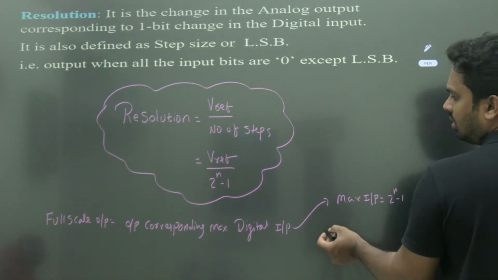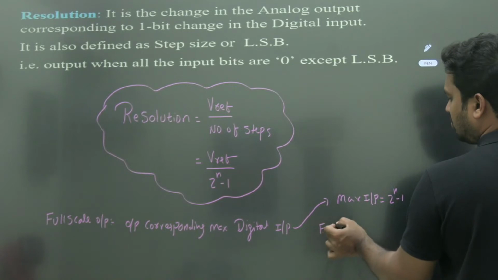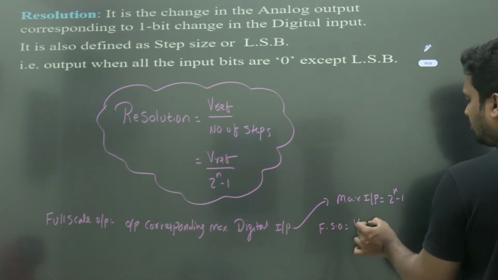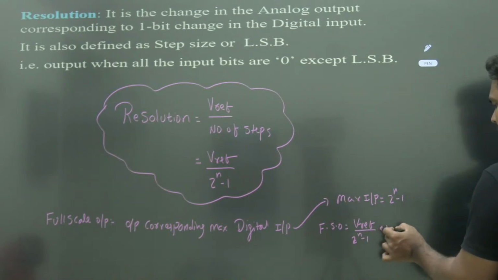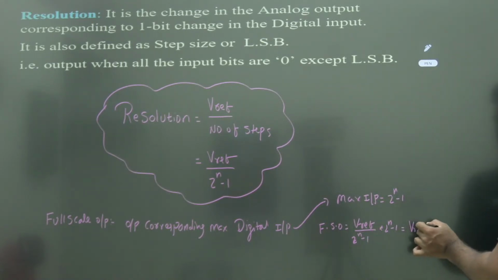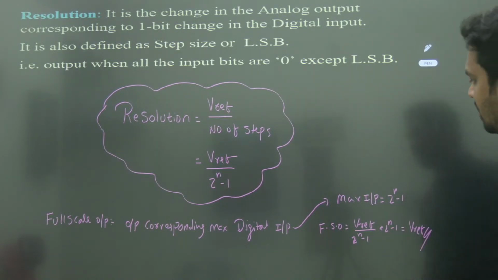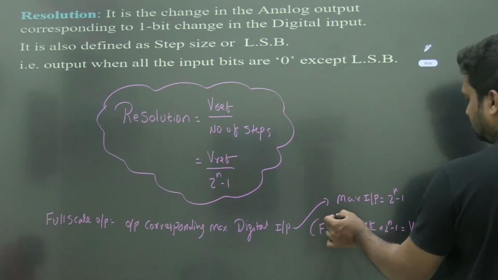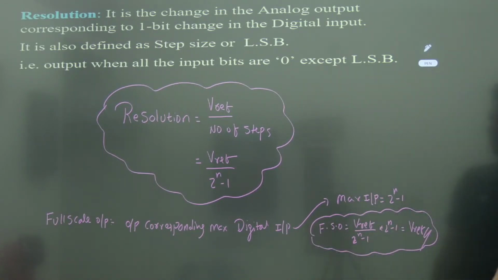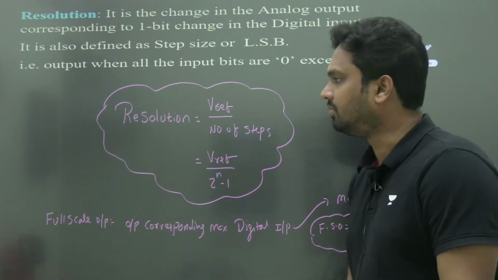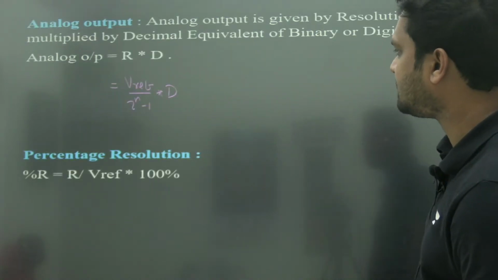So the full scale output FSO equals resolution, V reference by 2 power n minus 1, into 2 power n minus 1. That's V reference. That is the full scale output. Okay, so V reference and full scale output are more or less the same unless specified specifically by the examiner.